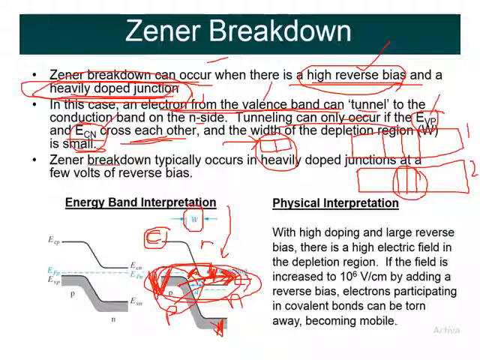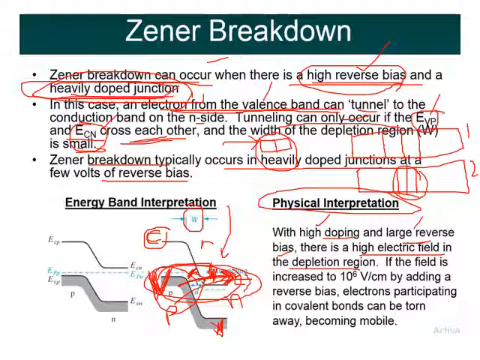So Zener breakdown typically occurs in heavily doped junctions at a few volts of reverse bias. So what is the physical interpretation? With high doping and large reverse bias, both the conditions should be satisfied. As I said, a high electric field in the depletion region exists. Why a high electric field?